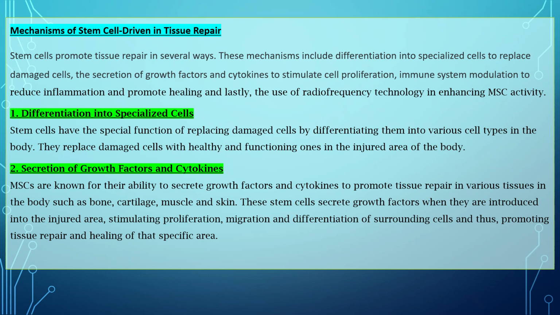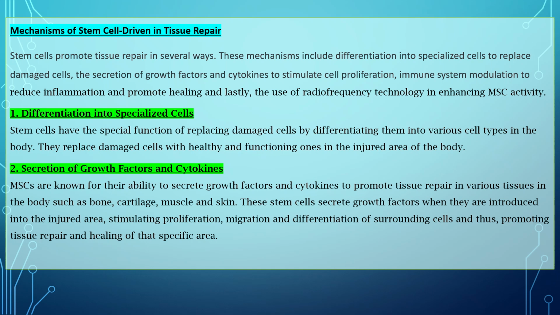The second mechanism is secretion of growth factors and cytokines. So mesenchymal stem cells secrete bioactive molecules such as growth factors, cytokines, chemokines, and these secretions have the ability to stimulate cell proliferation, promote cell migration, and enhance angiogenesis, that is the formation of new blood vessels.